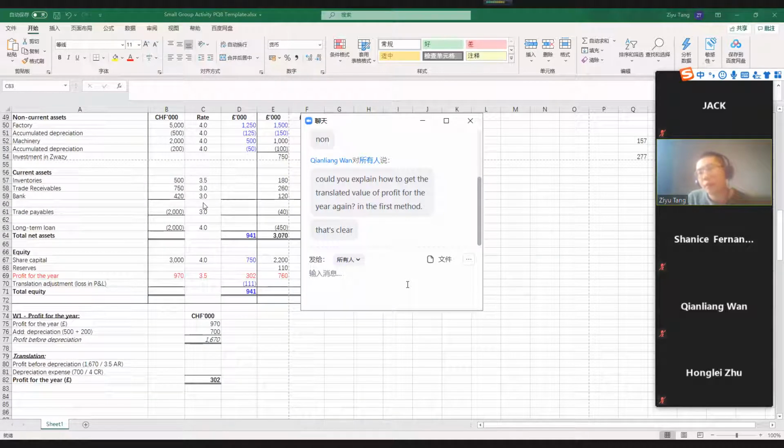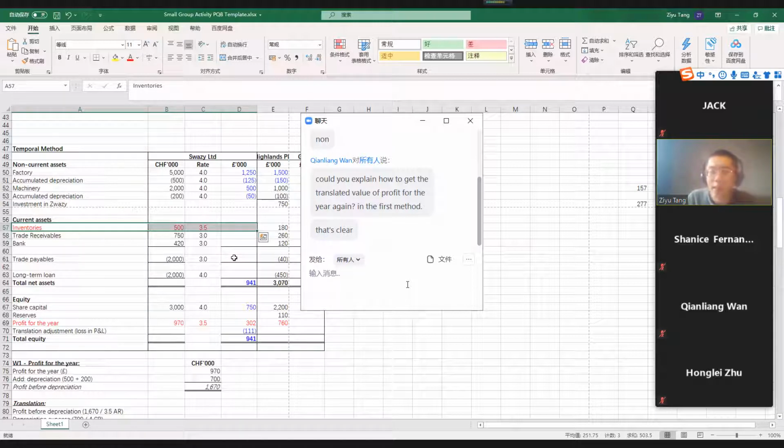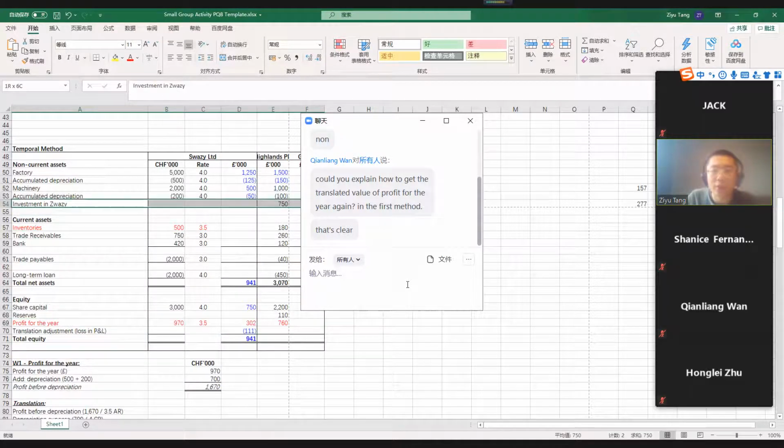It has some specific details you need to pay attention to. Like in the temporal method, first is how to calculate the inventory, what the inventory's translation rate is, and second is what the translation rate of profit is. And you also need to cancel some specific items like investment to prepare the consolidated statement.